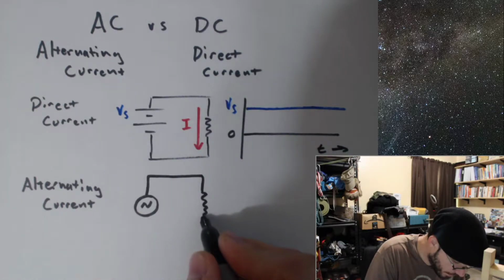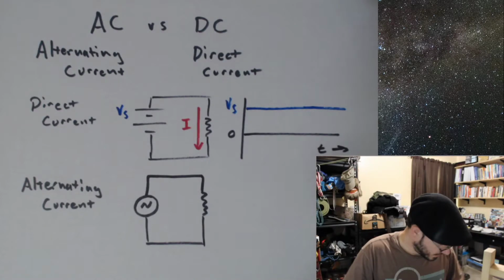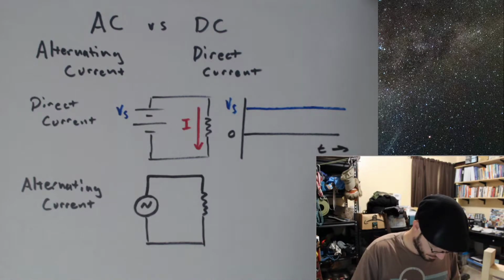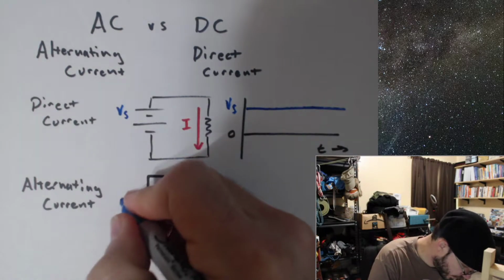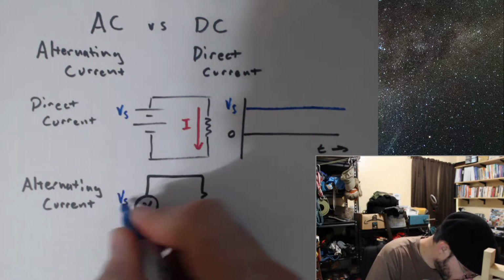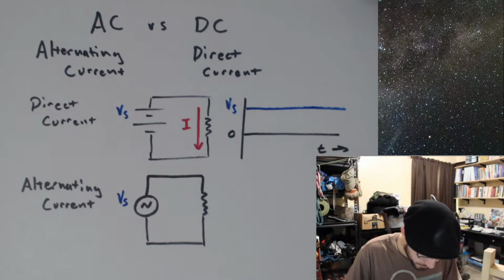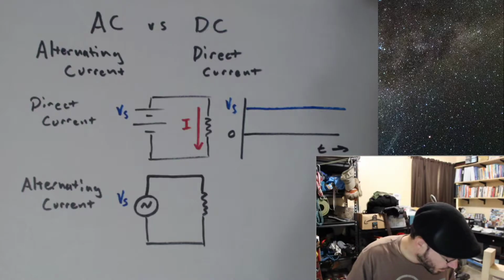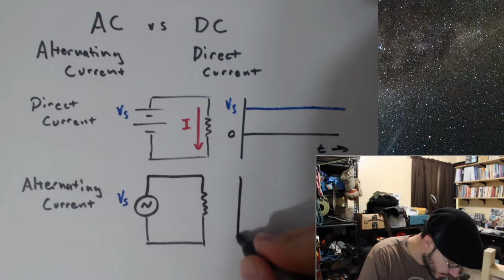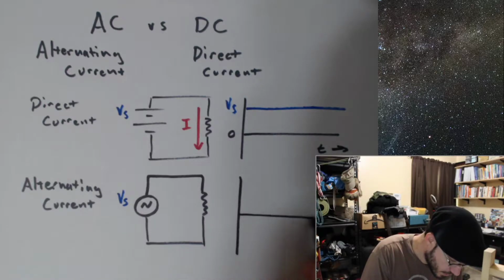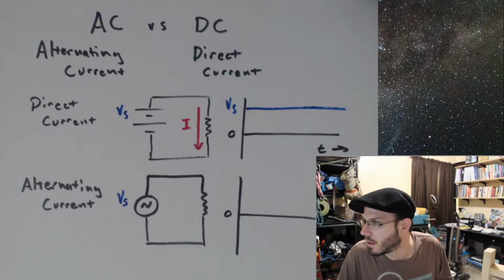And let's apply this to some resistance. Let's say our magnitude over here for our AC voltage source is V sub S as well for now. And let's center everything at 0.